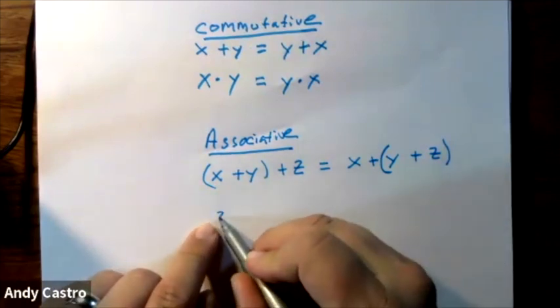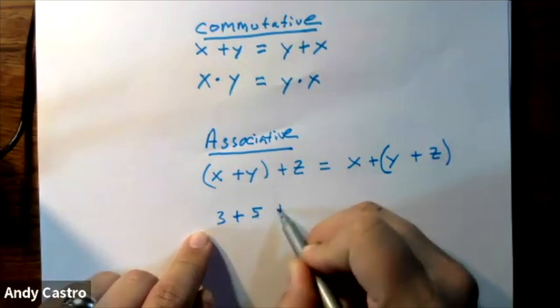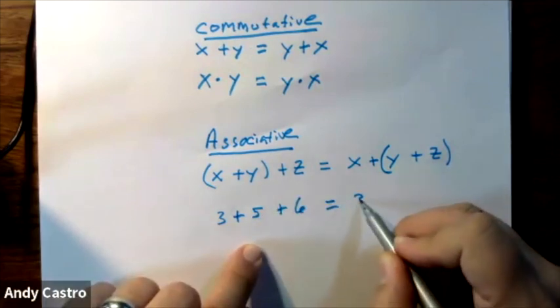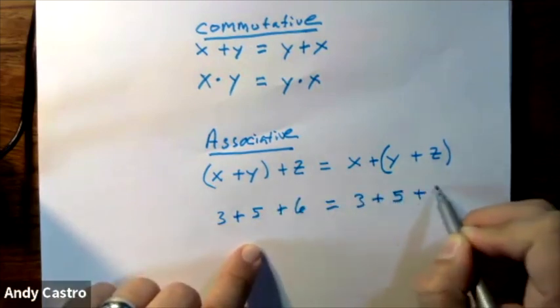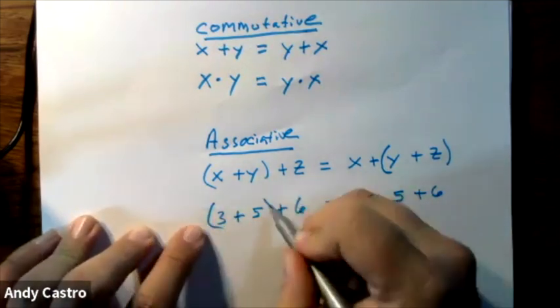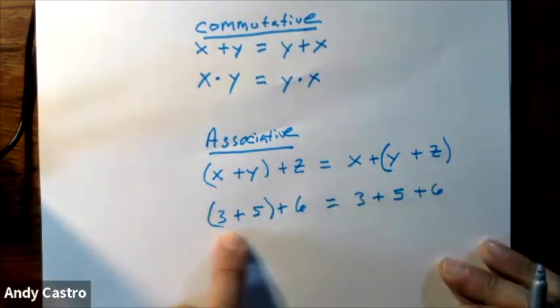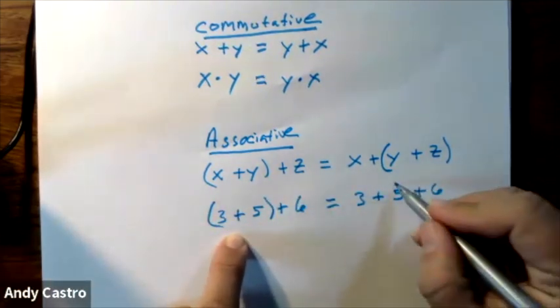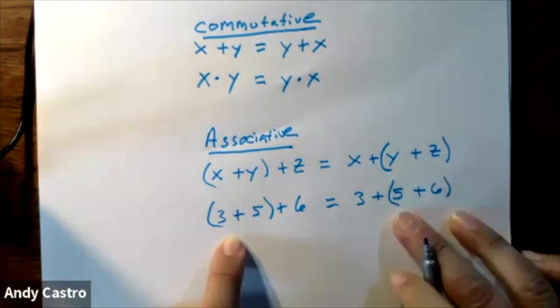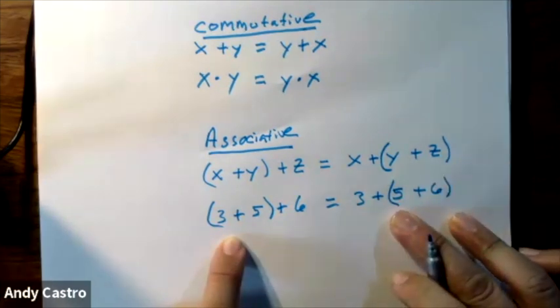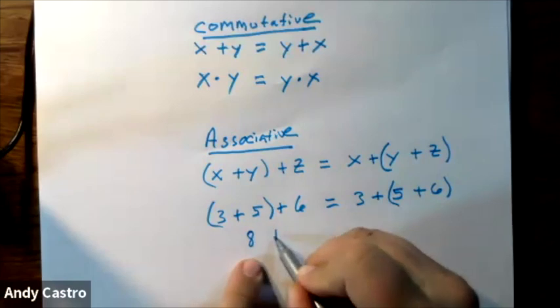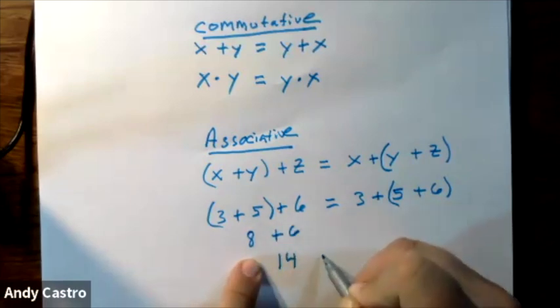So for example, if this is 3 plus 5 plus 6, let's say I put my parentheses here, which means I have to do that first. But over here, I'm going to put my parentheses over here. Let's see if we get to the same answer. This becomes 8 plus 6, which is 14.